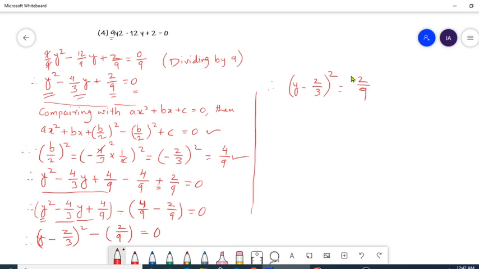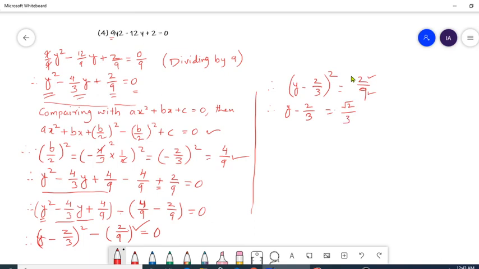Look, this negative 2 by 9 is taken to the right hand side, so it will become positive 2 by 9. Now taking the square root of both the sides, this side will become y minus 2 by 3. Since 2 is not a perfect square, I'll take the square root of 2, and since 9 is a perfect square and its square root is 3, you can simply write 3.